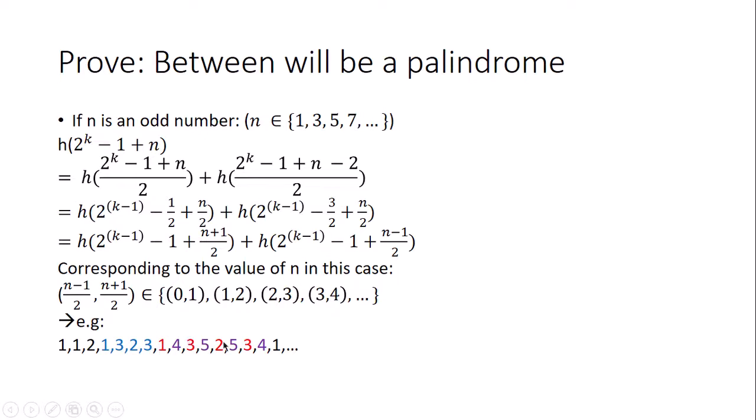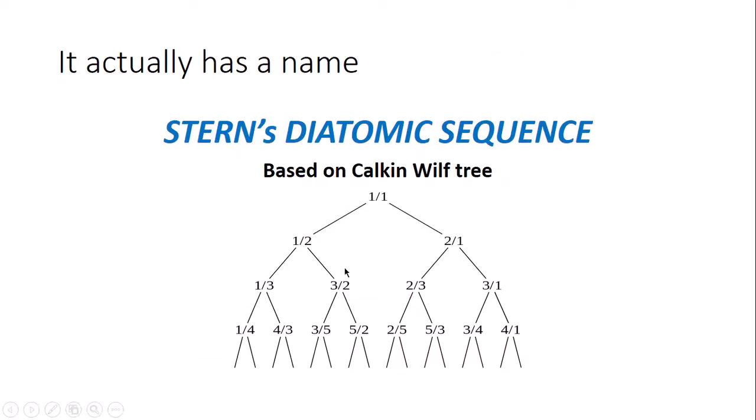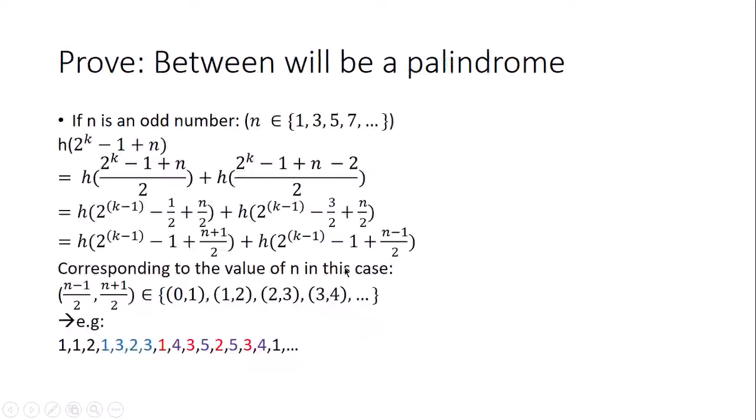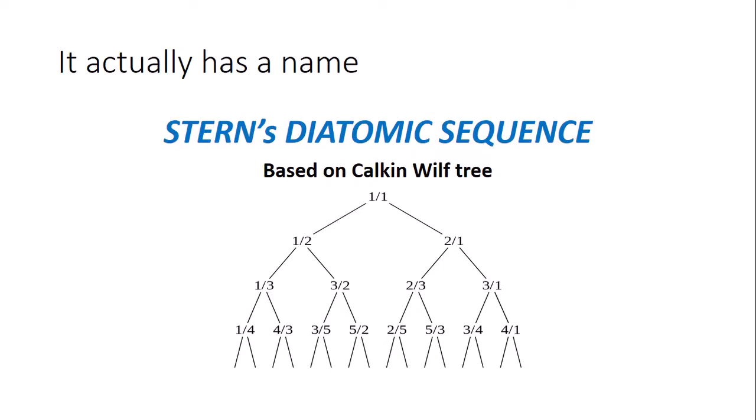So you can see this here. It actually has a name. This sequence is called Stern's diatomic sequence, which is based on the Calkin-Wilf tree, a tree that lists all the rational numbers. You can have a look online and you will see a lot of different insight about it.